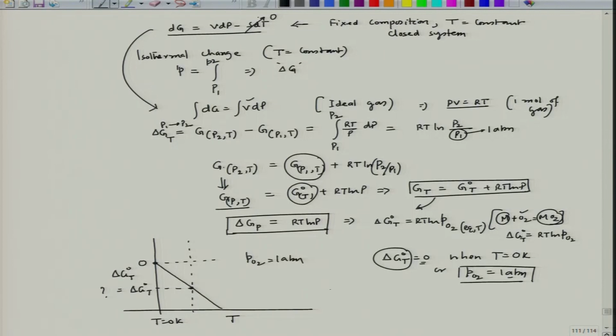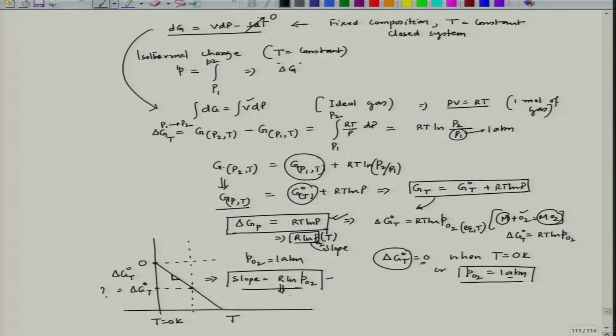Now if I take the slope of this particular straight line connecting the 0 point at 0 K, the slope is delta G naught T divided by T. From this equation, this particular slope is nothing but R ln PO2.